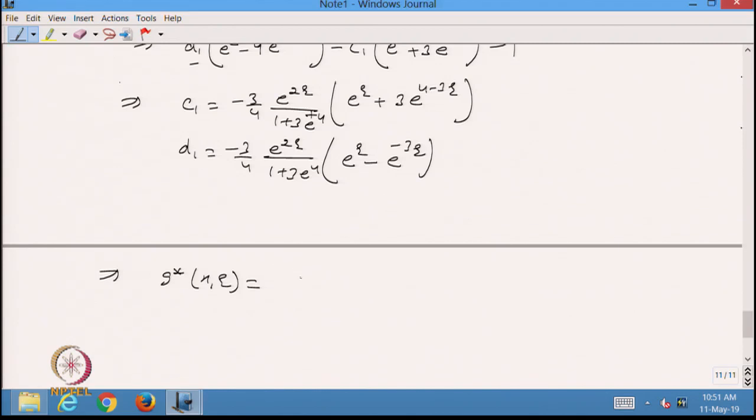1 over 4 times 1 plus 3 e raised to power 4, this one. So, C1 is this one.